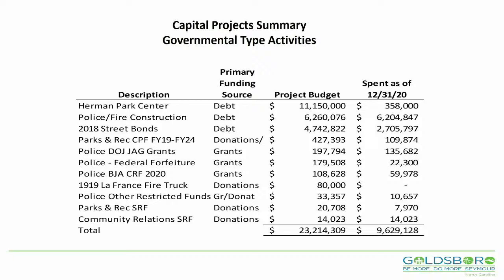We have the street bonds, the amount that was taken down in December 2018 before I got here, $4.7 million. We've spent about $2.7 million. So the total of those governmental project funds is about $23.2 million, and we've spent about $9.6 million today. Next slide.